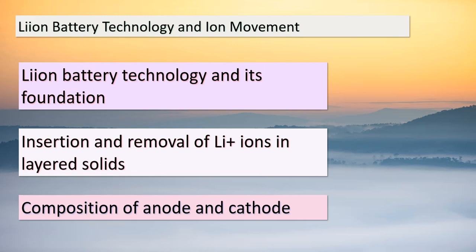The anode, often composed of graphite, boasts layers of sp2 bonded carbon atoms, creating a structure that facilitates the movement of ions. On the other side, the cathode is crafted from a transition metal oxide with a similar layered structure. Specifically, lithium cobalt oxide, or LiCoO2, is a common choice. But how does it all come together? Let's explore further.